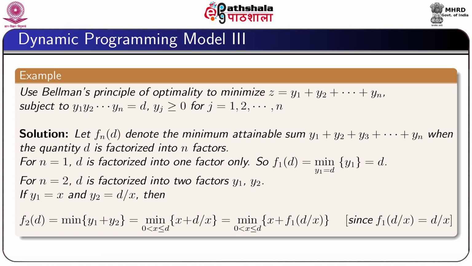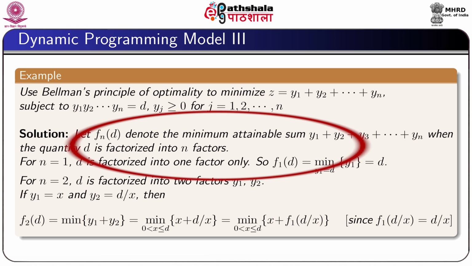We now consider an example. Use Bellman's principle of optimality to minimize z equal to y1 plus y2 plus dot dot dot plus yn subject to y1 into y2 dot dot dot into yn equal to d, where yj is greater than or equal to 0 for all j equal to 1 up to n.